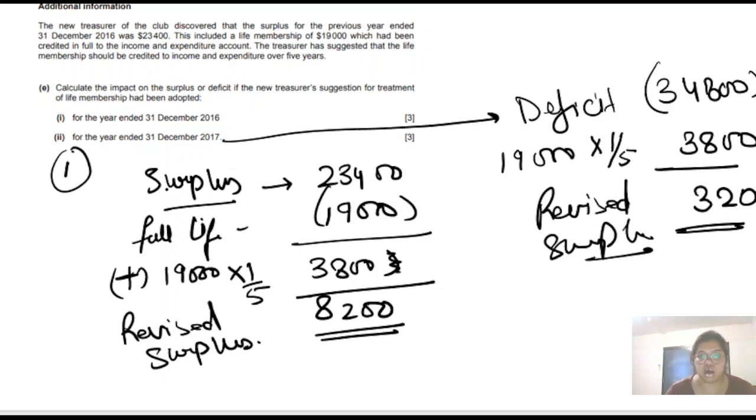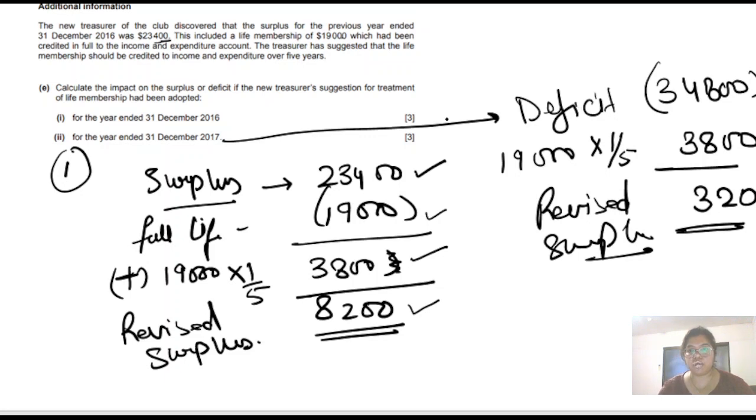It is clearly mentioned in this question that in the previous year you earned 23,400, this is your surplus. If you record all the life membership of 19,000, and the treasurer wants to distribute it as 1 by 5, then 3,800, then your revised surplus is this much.